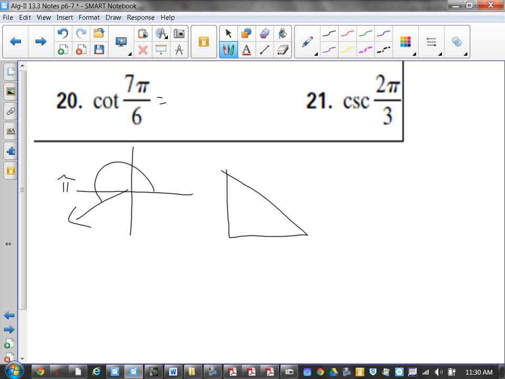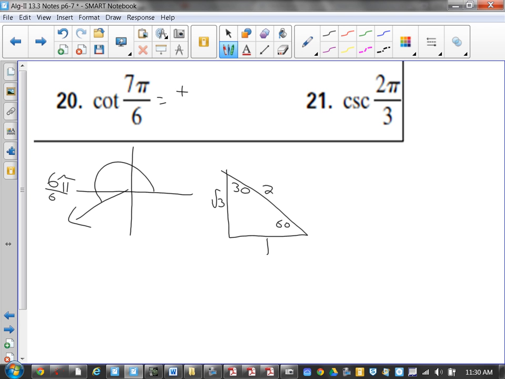Wait, I thought we're at a 30, 60, so we're at 1, root 3, and 2. For 7 pi over 6 it's positive, so you go counterclockwise, right? Yep. And what I want you to think of is pi as the same thing as saying 6 over 6 pi.